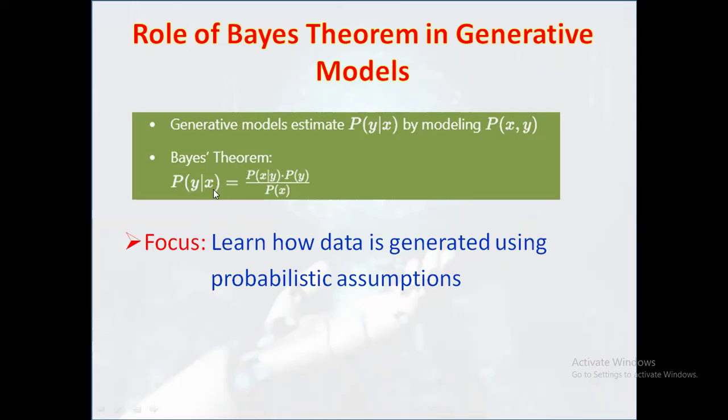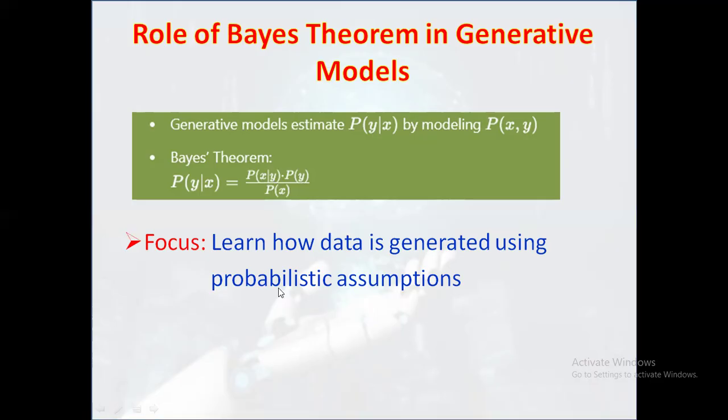Bayes theorem says P of y given x equals P of x given y into P of y, divided by P of x, without modeling the joint distribution. Bayes theorem provides a mathematical rule for updating our beliefs about the hypothesis y given new evidence x. It does this by expressing P of y given x as the ratio of the likelihood P of x given y into P of y, divided by P of x.